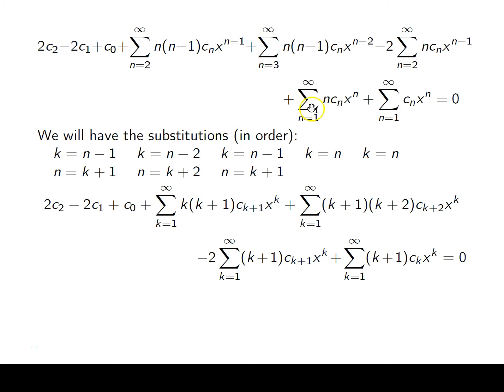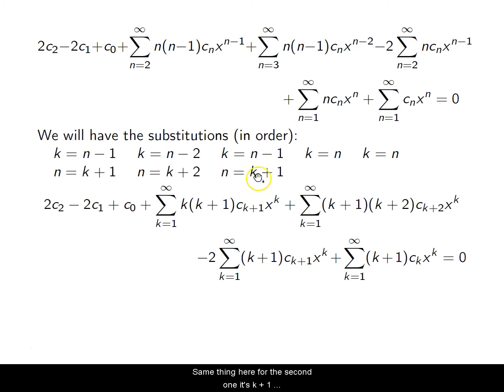Next one, the same thing. When I plug in n is k plus 2 here, and then I subtract 2 on both sides, I get a 1. I put k plus 2 here, k plus 2 here, so this n is k plus 2. This one is k plus 2 minus 1, so this is k plus 1, and now this is x to the k.